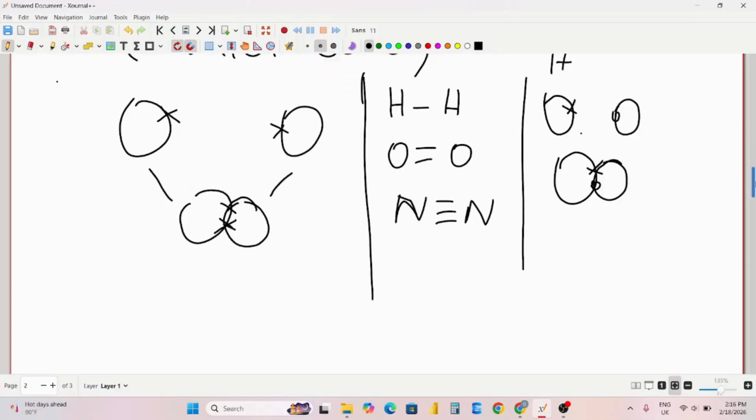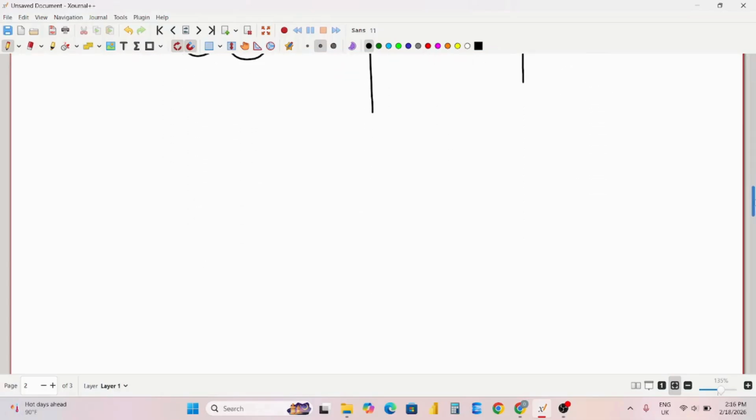Let's show another illustration for oxygen. Oxygen has an atomic number of 8, so it has 6 electrons in its valence shell, 6 in its outermost shell. So 2 atoms of oxygen.